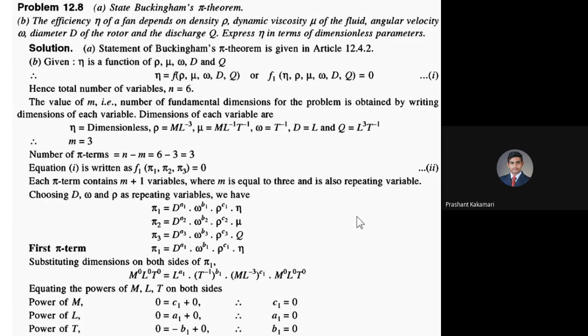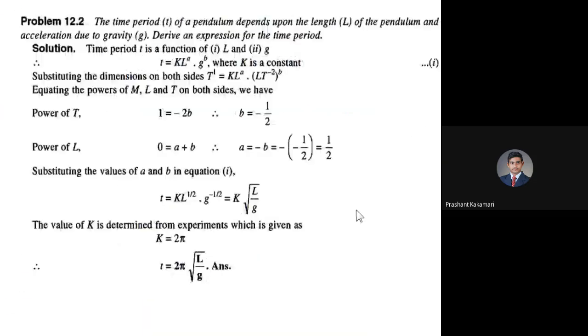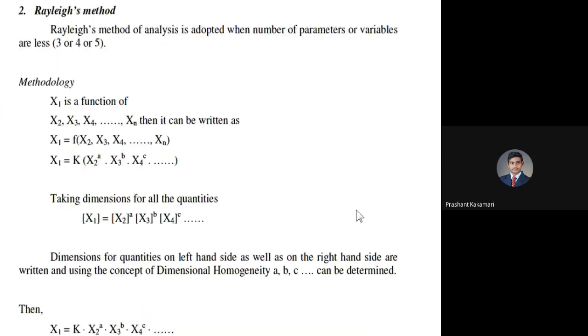So number of variables is 6. Rho, mu, and omega is the new one here. Angular velocity, we are not going to focus on other units because angle doesn't have any dimension. Angle is shown in radians or in other measurements, but as per dimensions we don't have a fundamental quantity for the angle.